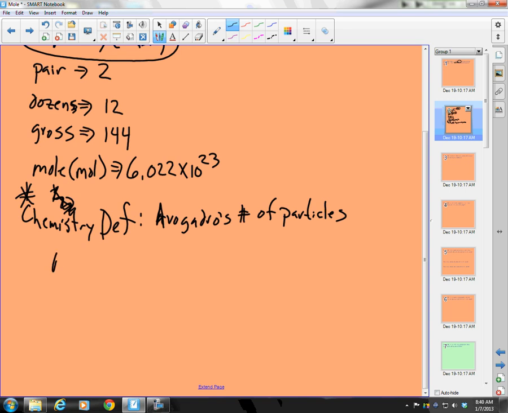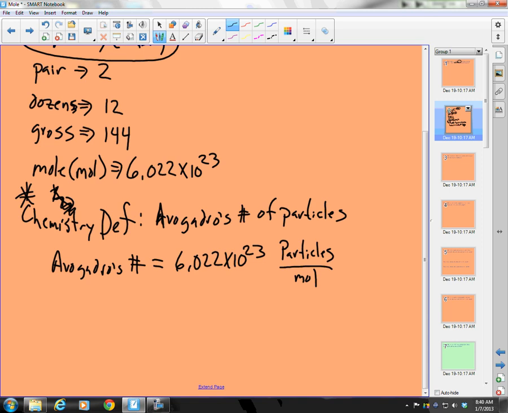Now, what is Avogadro's number? Well, Avogadro's number, you guys can all guess, turns out to be 6.022 times 10 to the 23rd. And my units on this are particles per mole. Okay? So the units on Avogadro's number are particles per mole.